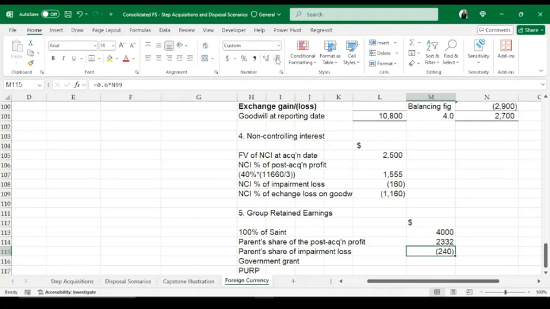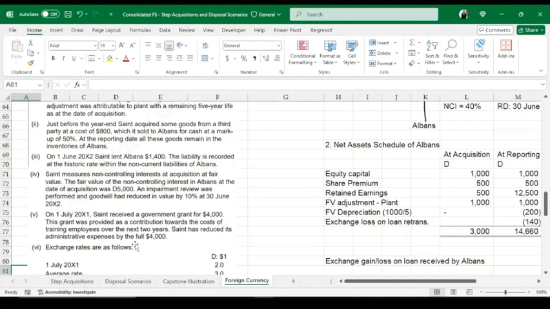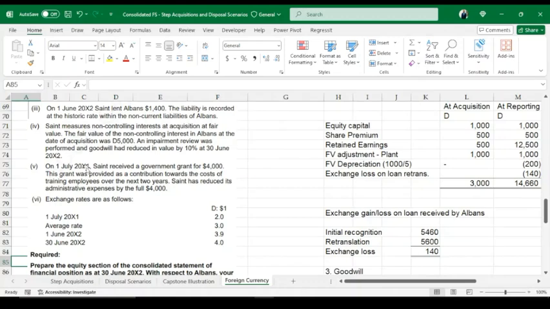Okay, then we have our government grants. Let's go to the additional information and see what they've told us about the government grants. Okay, so note 5. On 1st July 20x1, Saint received a government grant for 4,000. This grant was provided as a contribution towards the cost of employee and training over the next 2 years.